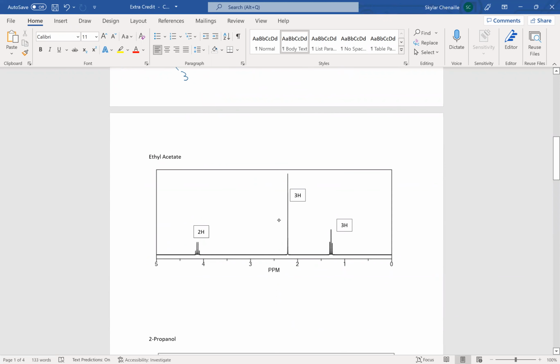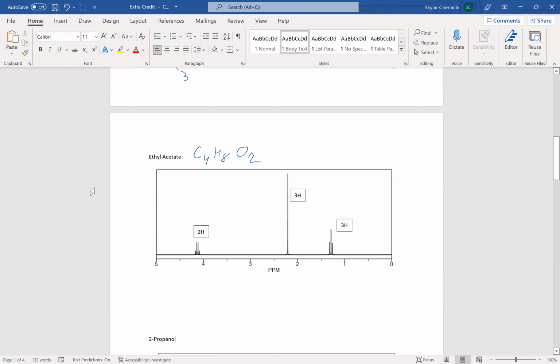So ethyl acetate has a formula of C4H8O2. Again, let's start with that hydrogen deficiency.